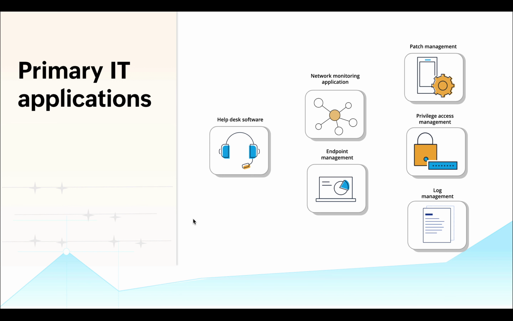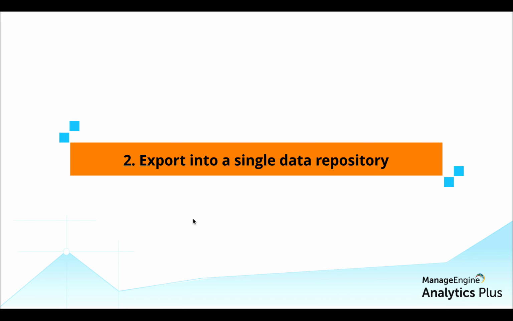Your initial focus set can be larger in cases where you have an IT analytics solution that offers out-of-the-box connectors to at least 70 to 80% of the apps that you're trying to connect. I'll talk a little bit more about this in the next point, which is extracting IT operations data into a single repository.